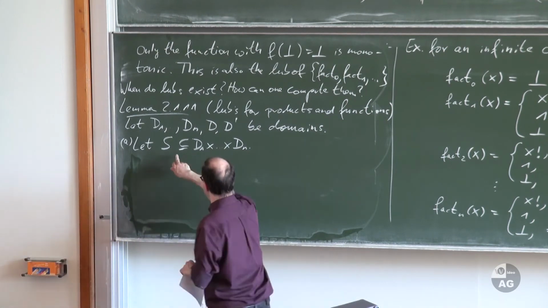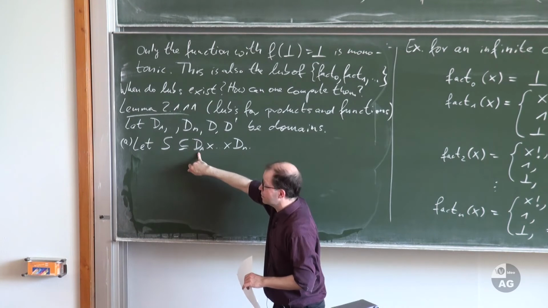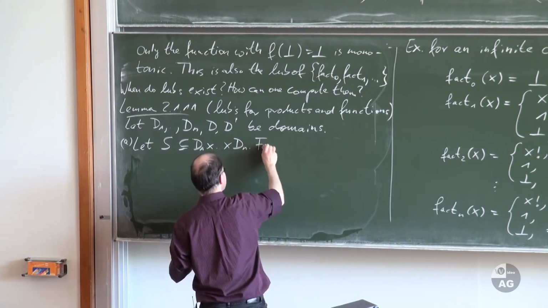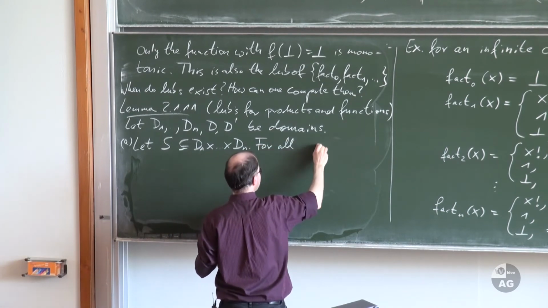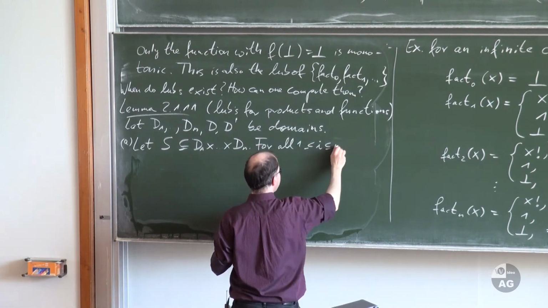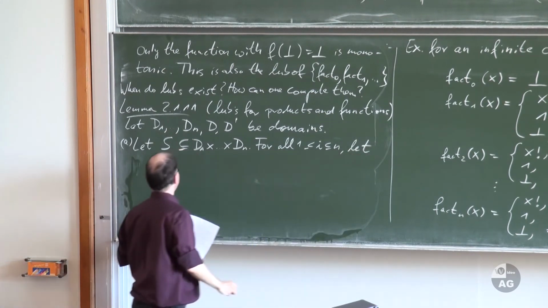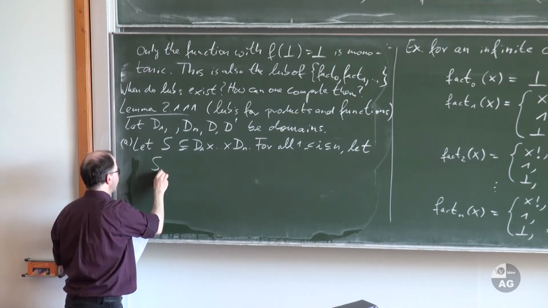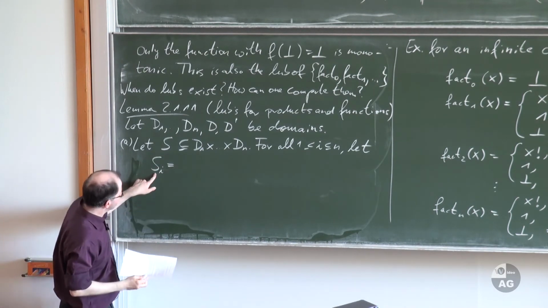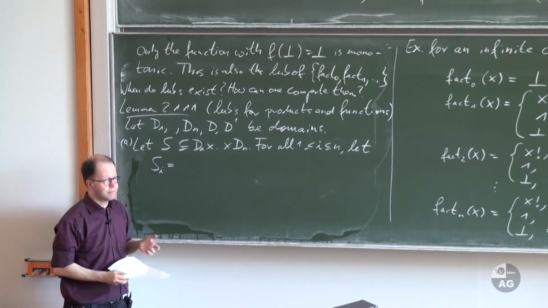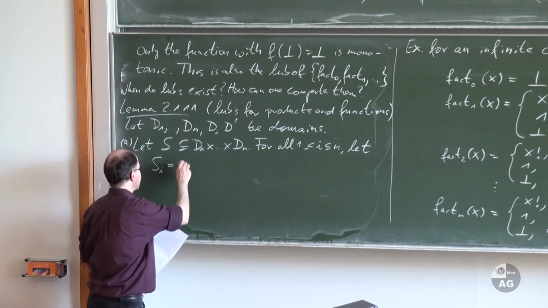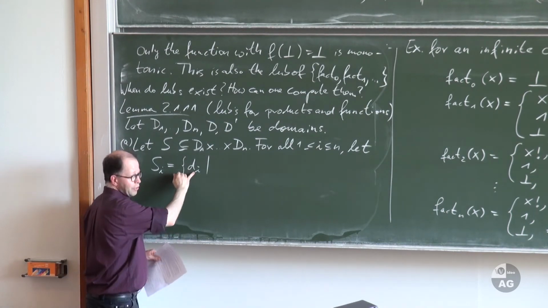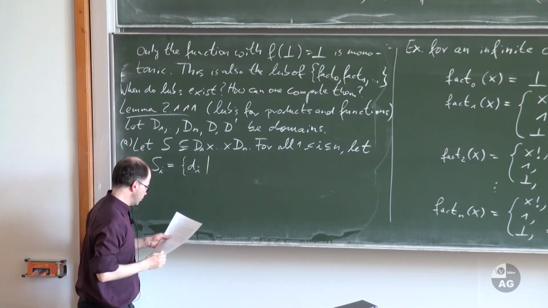So let's build the projections by only looking at the first argument and only looking at the second argument and so on. So if we do this for all i between 1 and n, let's build the projection that looks only at the ith component. So Si are all values that occur in component number i. These are all di which at some point occur at the ith position in such a tuple.